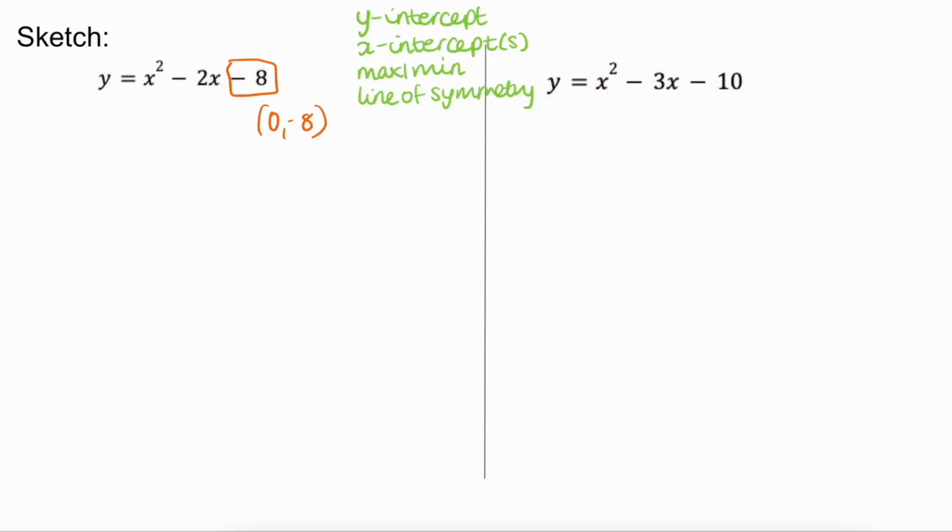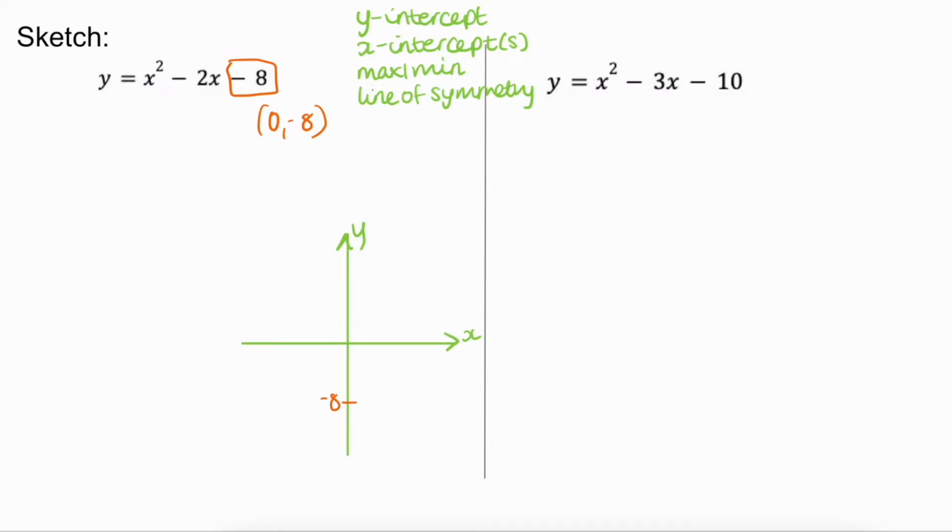Okay, so if I draw on a set of axes, so this is my y-axis and my x-axis, then I can see that it goes through -8 on the y-axis.